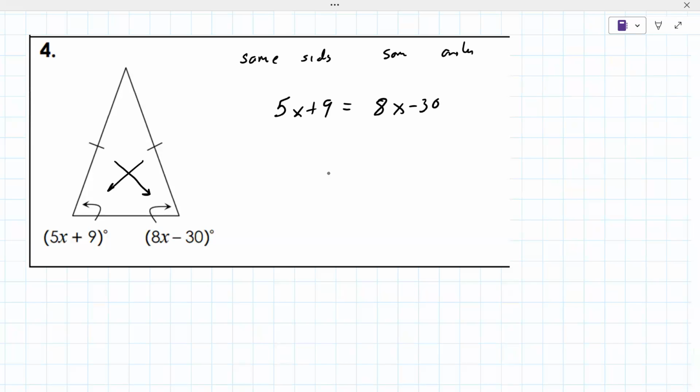Could you attempt to solve for x for us, please? Okay, x equals 13. Okay, that's very good.